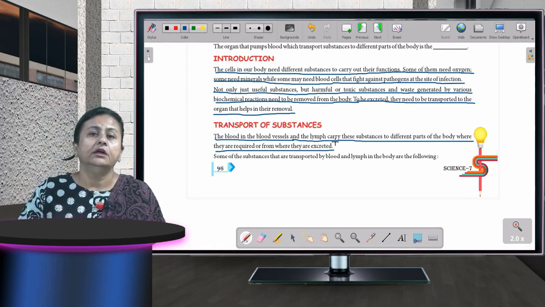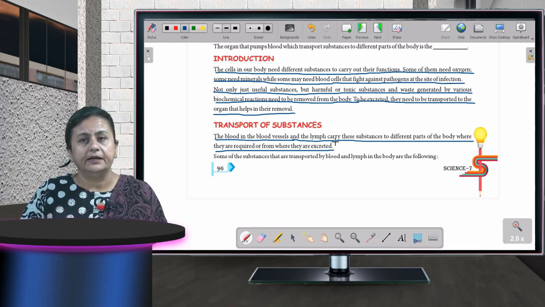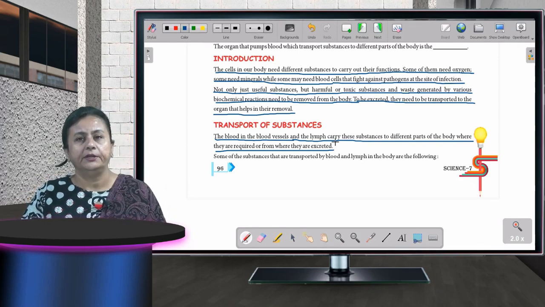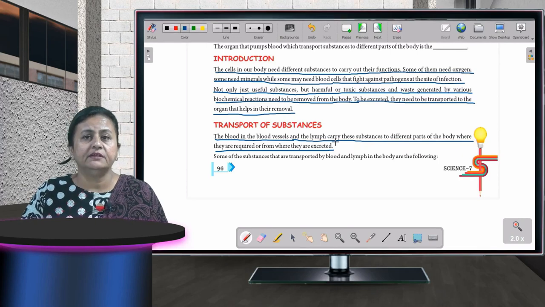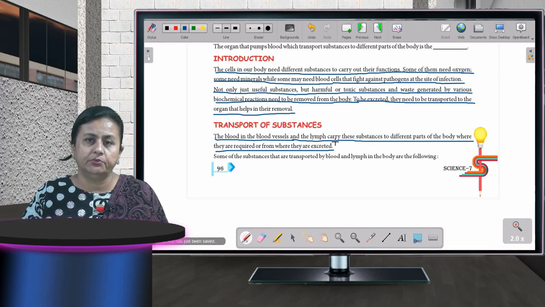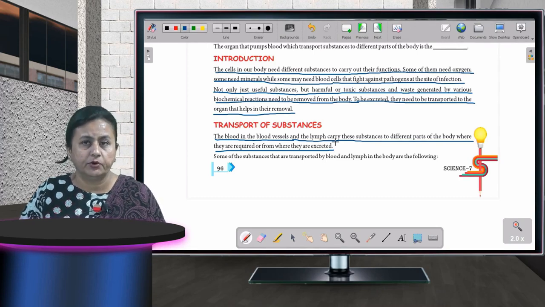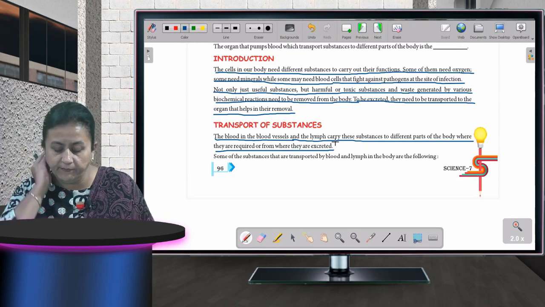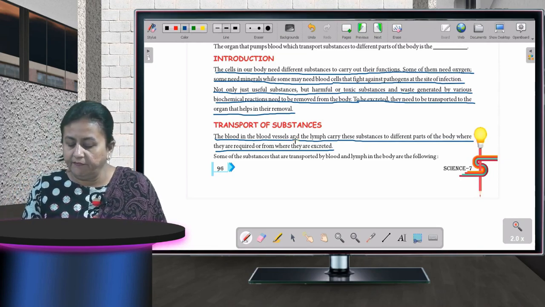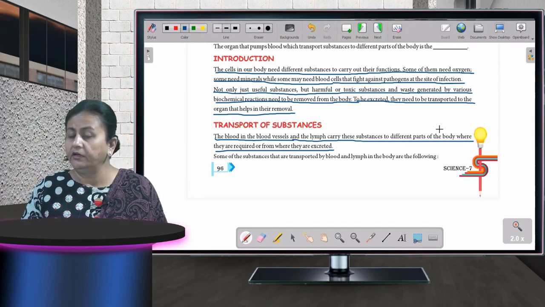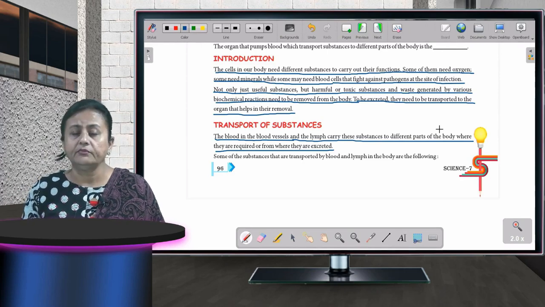So who does that work? Our blood is running throughout our body, okay? Blood is the only substance which is running throughout the body, okay? There is no part of the body which does not have blood. All the parts of the body are filled with blood, okay? So the blood in the blood vessels and the lymph carry these substances to different parts of the body, okay?